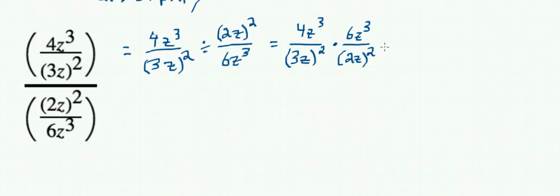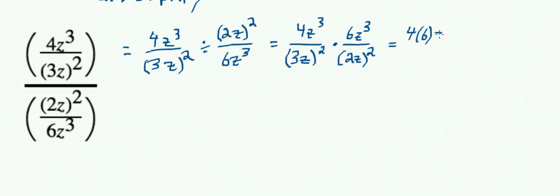Okay. Now I can simplify. This is all multiplication across the top. This is 4z cubed times 6z cubed. So this is equal to 4, and I'm going to use the commutative property of multiplication that says I can rearrange or switch the order of the numbers and variables that I multiply.